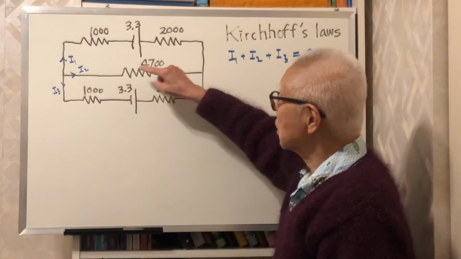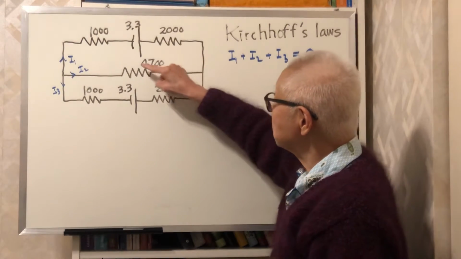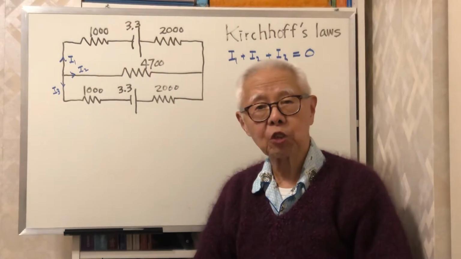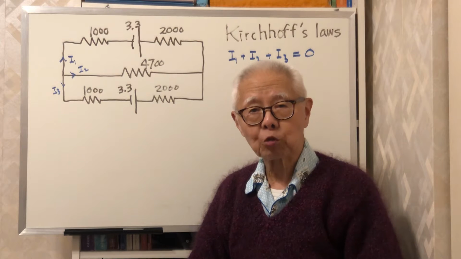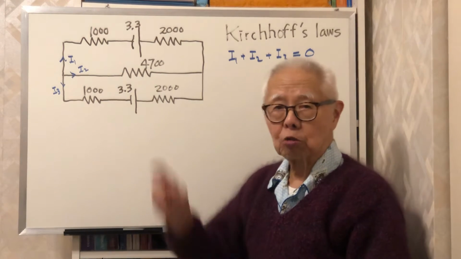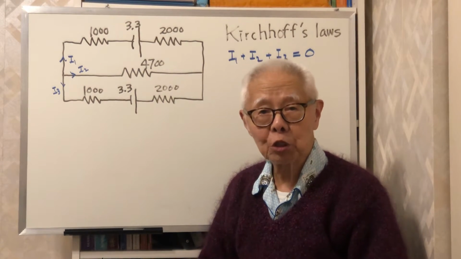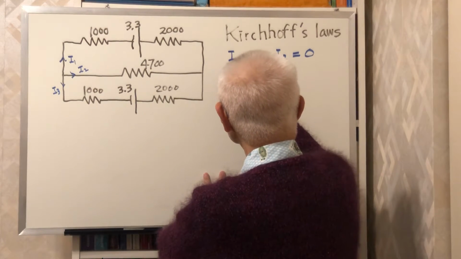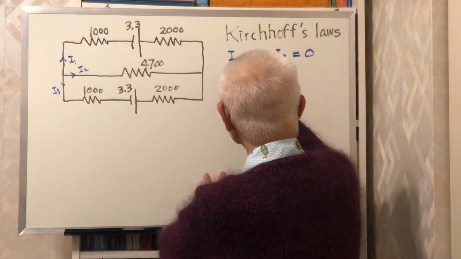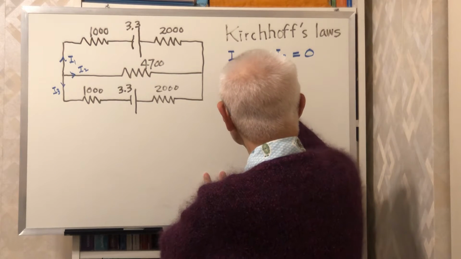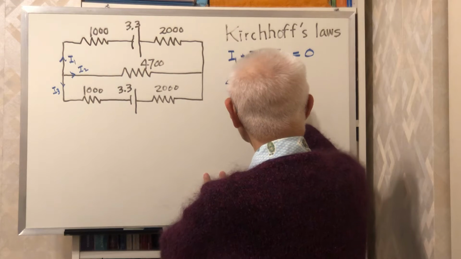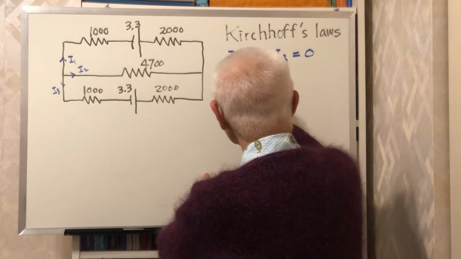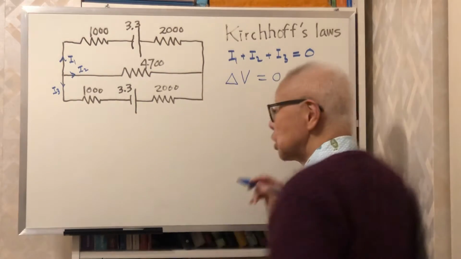2 more is one loop here, one loop here. And Kirchhoff's law tells us you write the drop around the loop, and it should equal 0. So you have delta V, the drop. If you add everything there, V is the drop.